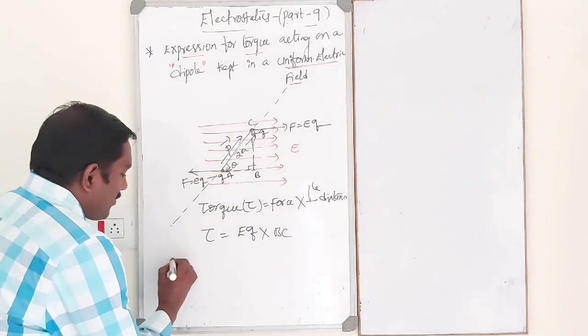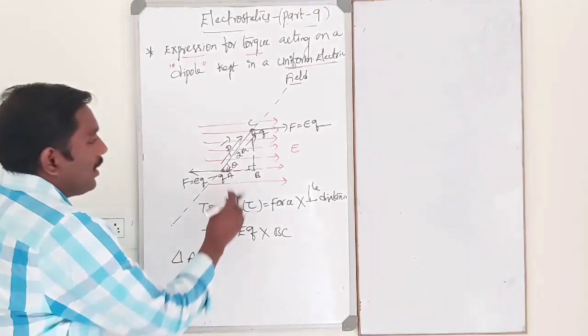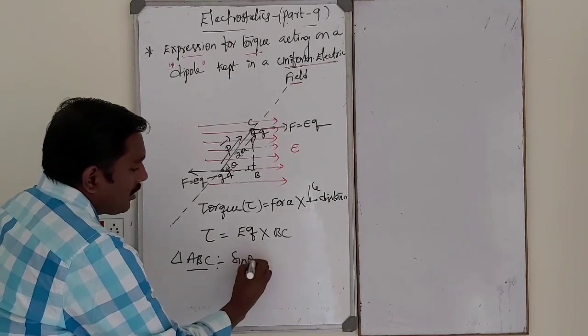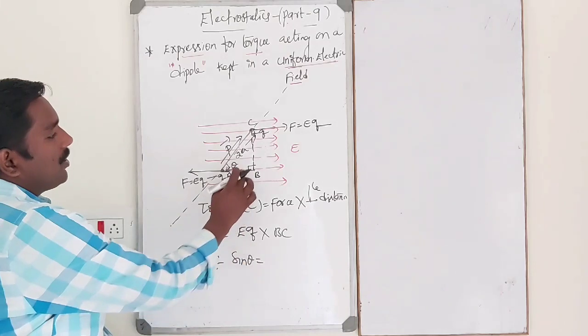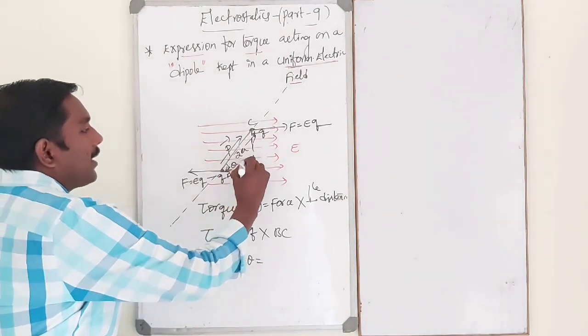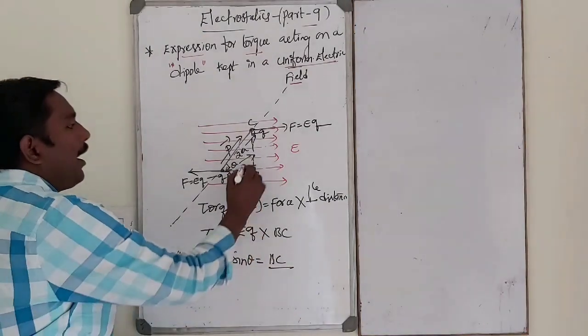So from the right angle triangle ABC, sin theta how much? This is the theta. Sin theta is the opposite side, this is the opposite side, BC, divided by the hypotenuse.